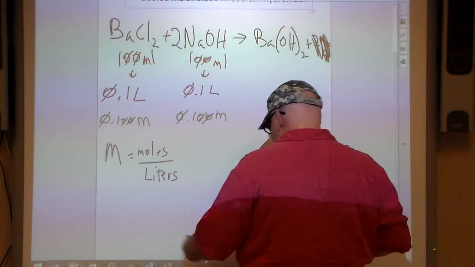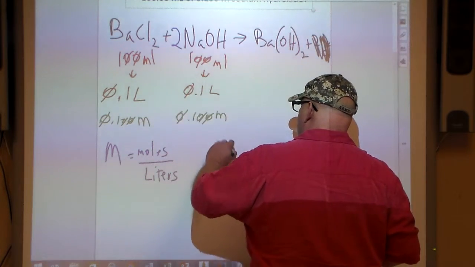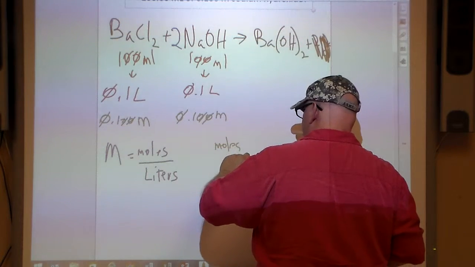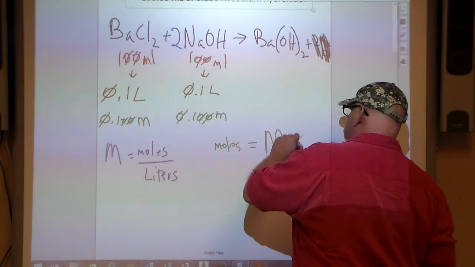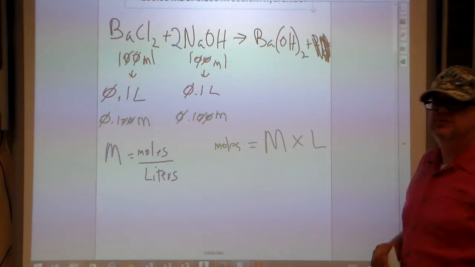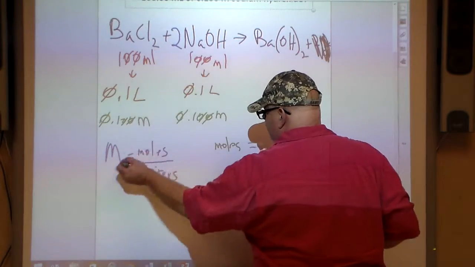So let's figure out how many moles of barium chloride. The moles are going to equal the molarity multiplied by our liters. That's a logical progression.